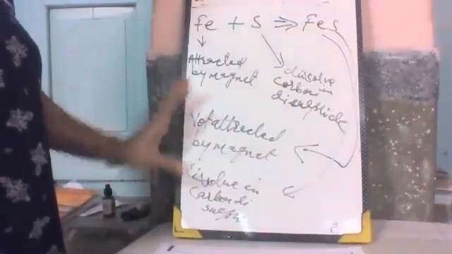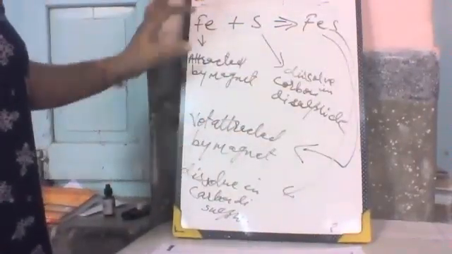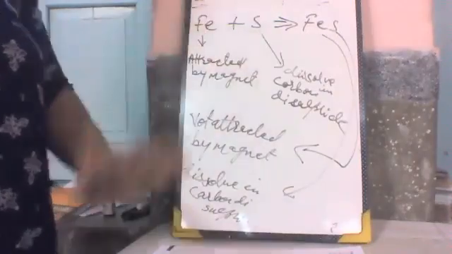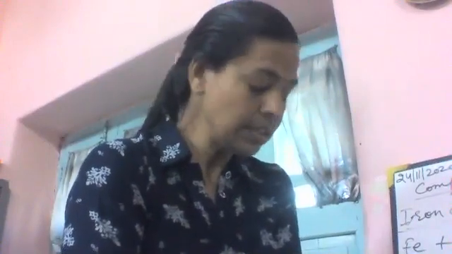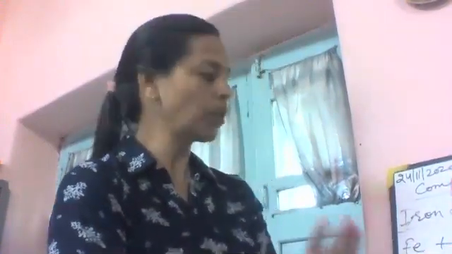The property of FeS is different from the property of iron and sulfur. Yes, students, kindly reply. Is it clear to you, the property of iron, property of sulfur, and property of ferrous sulfide? Yes, ma'am. Everything is clear?